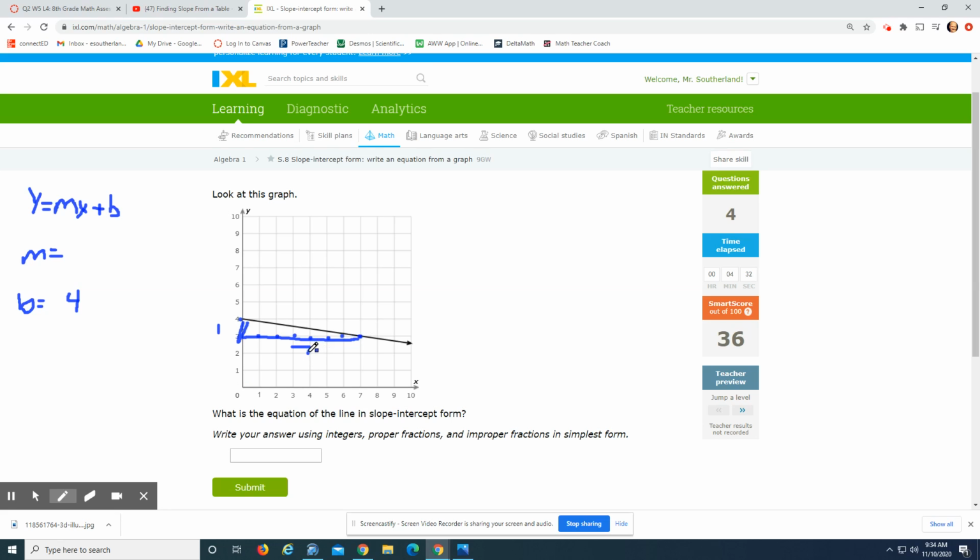So 7. And so the rise is 1, it runs 7, and then again left to right, this time it's going down, so this has to be negative. So when I type in the equation, it will say y equals negative 1 over 7 x plus 4.